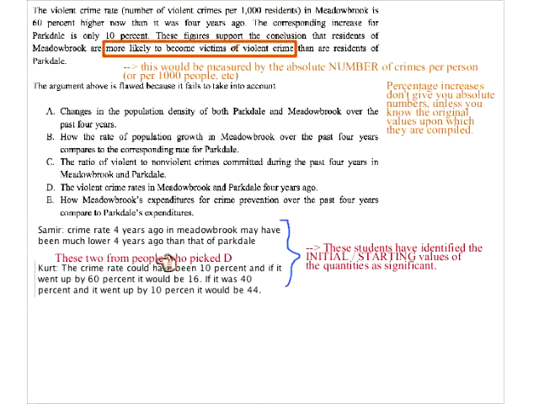If your original crime rate was, instead of using percents, let's call these rates per person, 10% would be an awfully high crime rate. But let's say instead of 10%, this was 10 crimes per 1,000 people. Then if it went up by 60%, it would be 16 crimes per 1,000 people. Versus if your initial value in Parkdale was 40 crimes per 1,000 people, then it's still much higher, still indicates a much greater degree of danger.